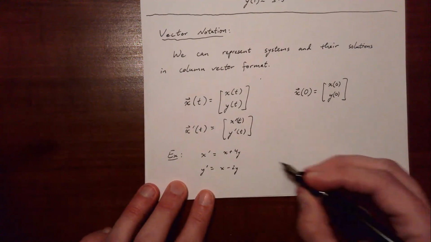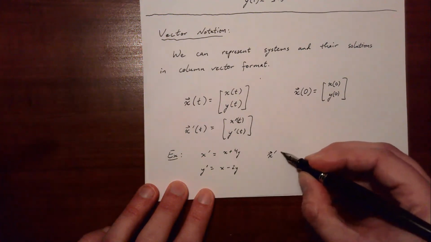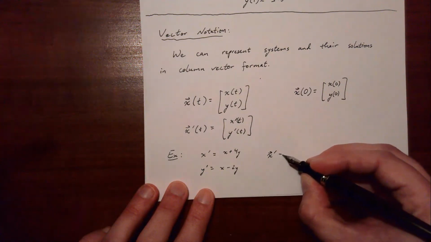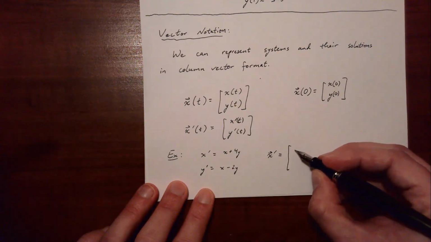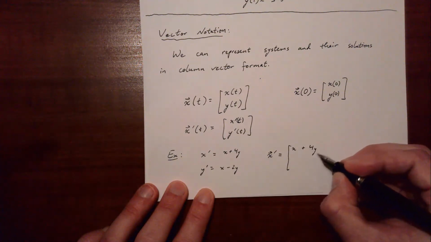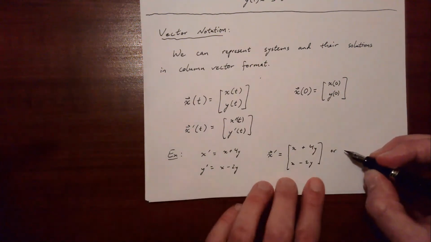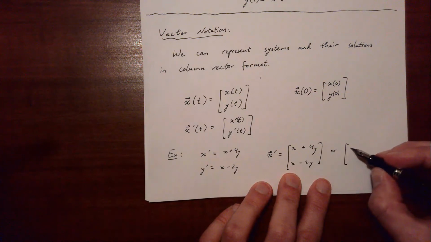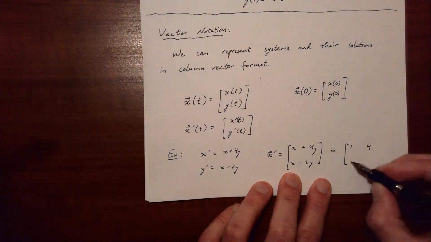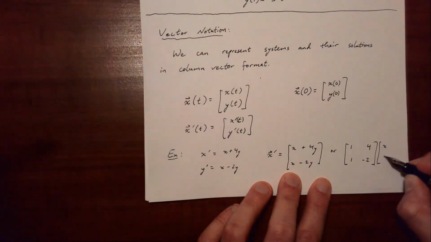This could be represented quite commonly as x prime is equal to, and we usually suppress the t, we would often write this as either x plus 4y and x minus 2y, or if we utilize the way we can write these, since these are all common constant coefficient expressions, we can also write this as the matrix 1, 4, 1, negative 2, so just the coefficients, and then times the vector x, y.